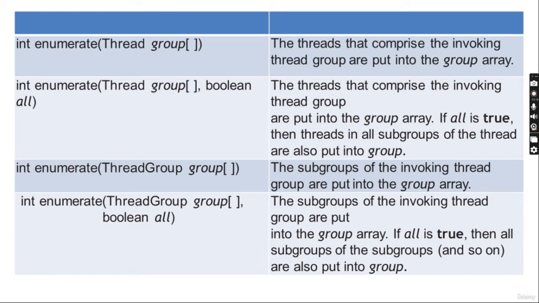int enumerate(Thread[] group, boolean all): the threads that comprise the invoking thread group are put into the group array. If all is true, then threads in all subgroups of the thread group are also put into the group. Then int enumerate(ThreadGroup[] group): the subgroups of the invoking thread group are put into the group array. int enumerate(ThreadGroup[] group, boolean all): the subgroups of the invoking thread group are put into the group array.